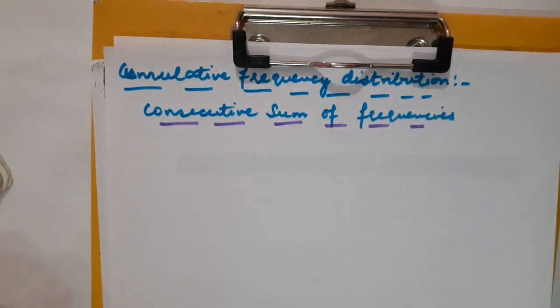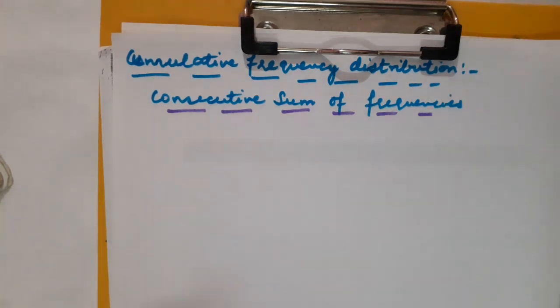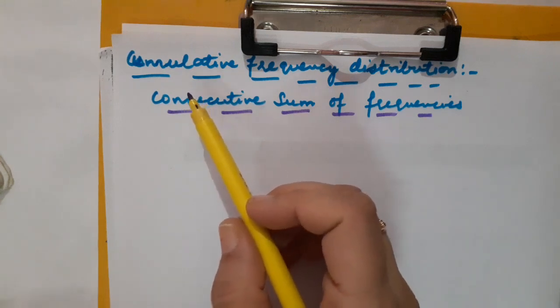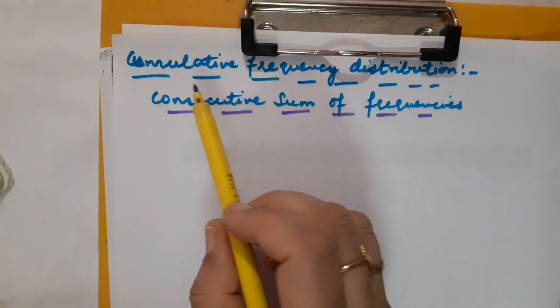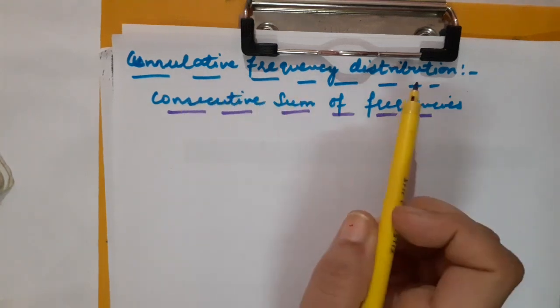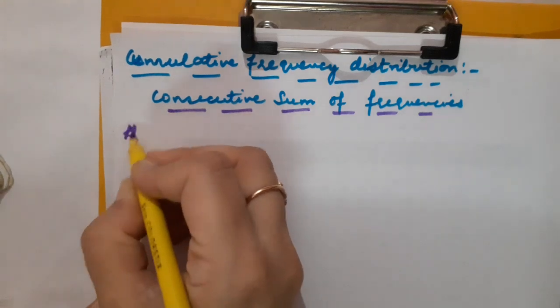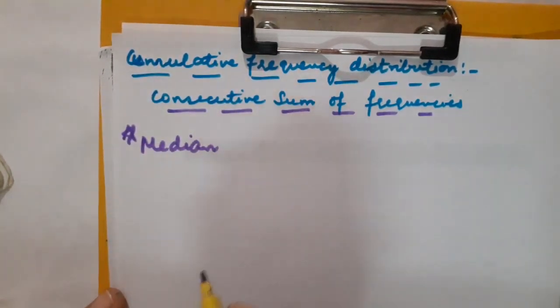So let us take one question so that you can better understand it. I will be taking the question from the exercise to make you understand the concept of median as well as how to make a frequency distribution table using the less than type. But before that, let us learn the concept of median for the grouped data.